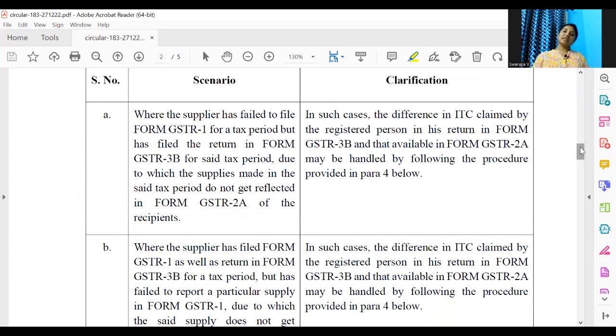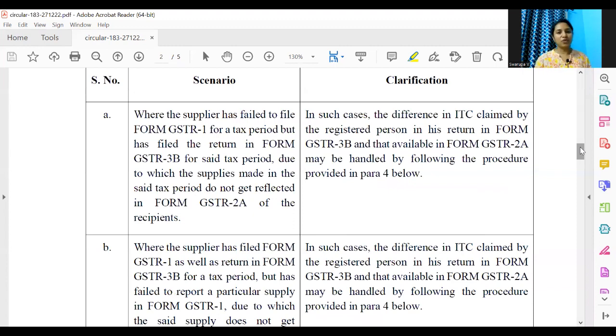The first category is where the supplier has paid GST by 3B, but he failed to file GSTR 1. Because he failed to file GSTR 1, the credit was not reflected in 2A. So in this case, CBIC has clarified that they will allow the credit.